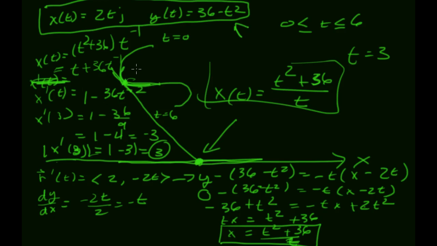So at time 3, as the particle is moving along this curve, the light on here is actually going to be moving at 3 units per second. So take some time to sit with that one. It's a bit of an extensive problem, but I think it's an awesome idea that shows both a two-dimensional and a one-dimensional situation all in the same problem.